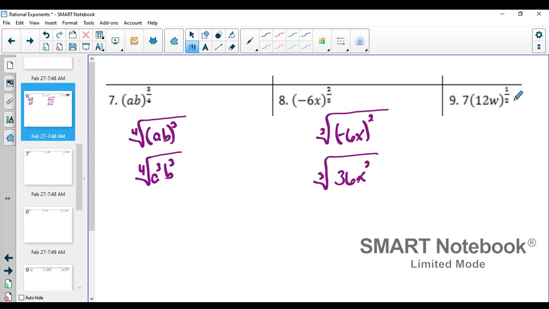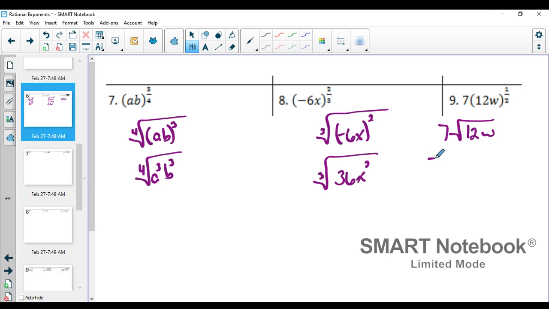All right, so for number 9, it's slightly different because it's 7 times the quantity 12w to the 1/2 power. The 1/2 only goes to what's inside the parentheses. So the 7 is the coefficient outside of the radical sign. And since it's 1/2, it's just a square root. So we have the square root of 12w, which we know we can simplify the square root of 12.